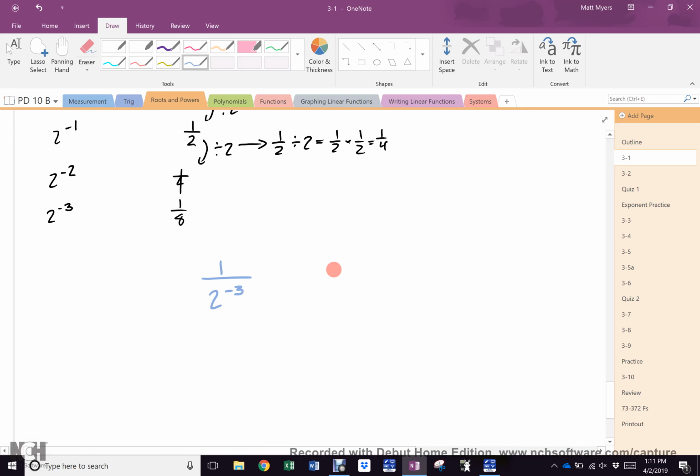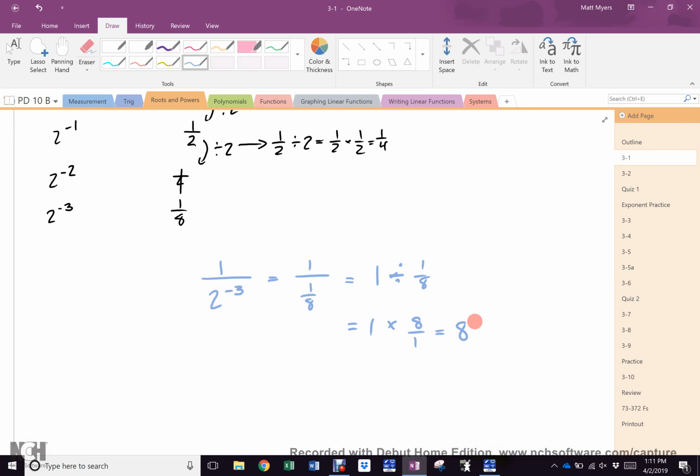What part of that makes no sense? The negative 3. Technically, this is 1 over 8, yes? Right? Which is technically 1 times, which is 1 divided by 1/8, right? Which is technically 1 times the reciprocal, 8 over 1, 1 times 8 over 1 is 8. Right?